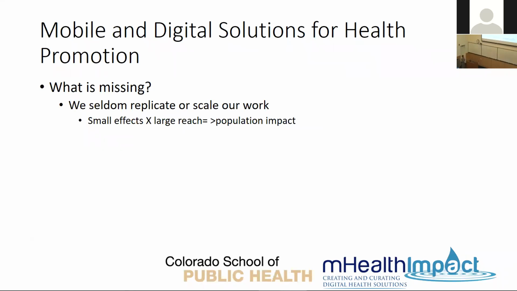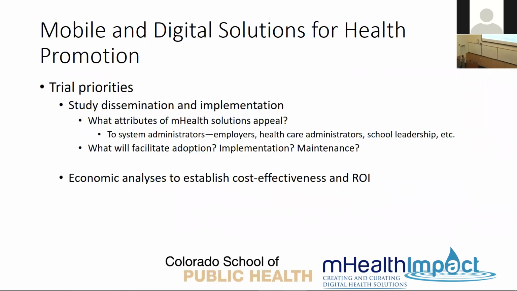But we're not going to see that in mobile health as much. So we're always going to have small effects. So the only way we're going to really have impact is to reach a large number of people. So we need to be thinking about dissemination and replication at the outset so that we can improve our impact.